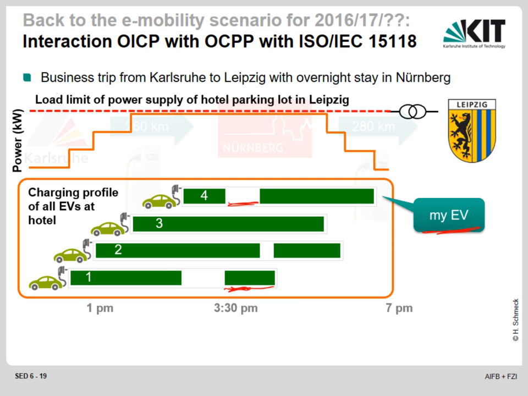So if you are managing a number of charging stations, you certainly have to make sure that the load limits for that location are satisfied, that you don't go over those load limits for the combined charging processes. And it's obvious that it is an interesting task to schedule the charging processes of many vehicles in a larger parking lot, at hotels, at parking garages, on some company parking lot, or wherever that is.